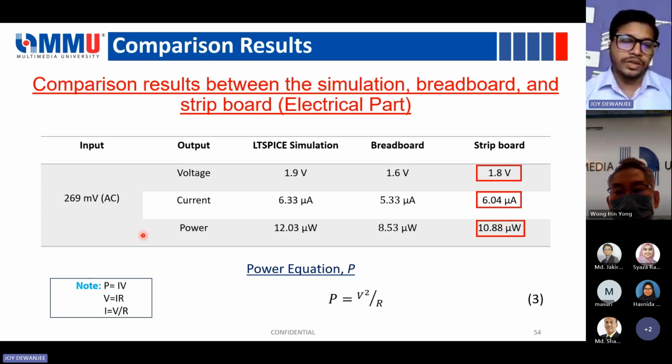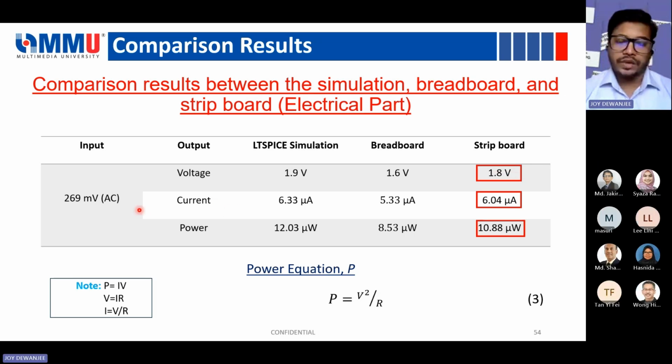Here we used an input of 269 millivolt AC voltage. In LTSPICE we found the final output is 1.9 volt, in breadboard we found 1.6 volt, and in stripboard we found 1.8 volt. We are considering the stripboard output of 1.8 volt. We also found the current: 6.33 microampere, 5.33 microampere, and 6.04 microampere.